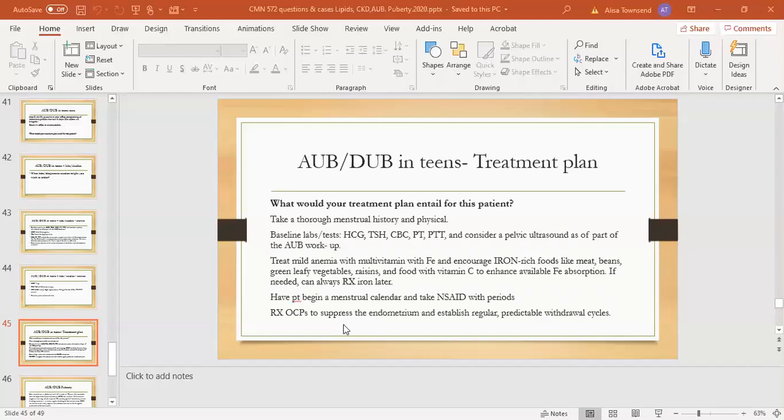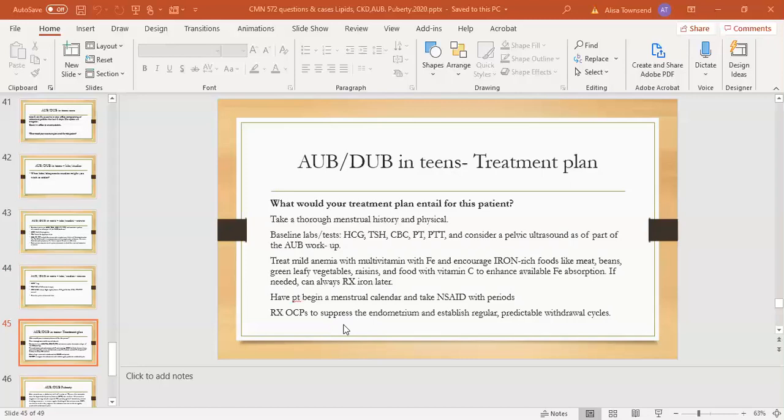Depending on whether they eat meat or not, you can encourage meat, but if not, the beans are also always good. Green leafy vegetables, raisins, foods with vitamin C to help it absorb better. You can always prescribe iron if needed, depending on how things go with the patient. And as we already indicated, putting them on a birth control pill is a good option.